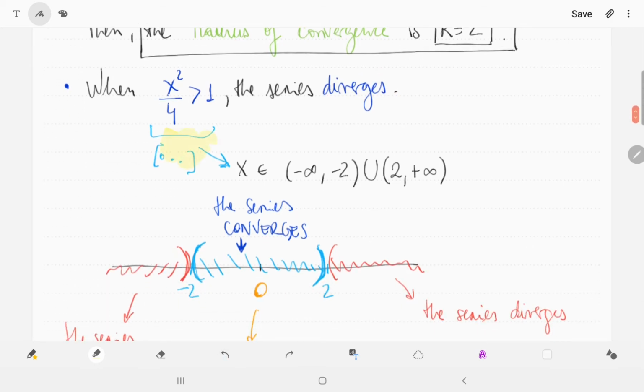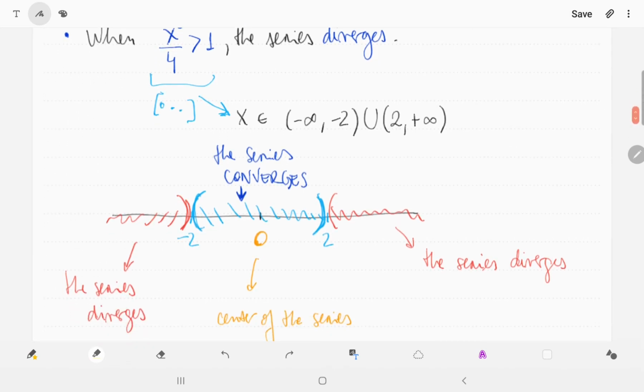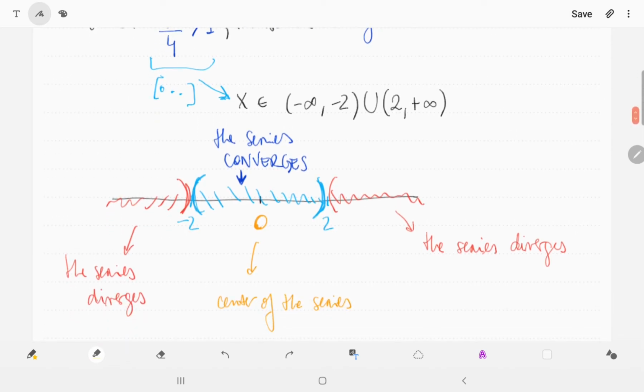Solving this inequality, what we get is this other interval. So it's exactly the picture that we were describing at the beginning, where the radius of convergence is a finite number, r. Here r is equal to 2, 0 is the center, and we know that inside this interval the series converges, and outside it diverges.